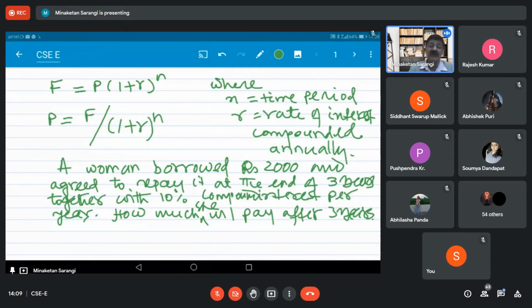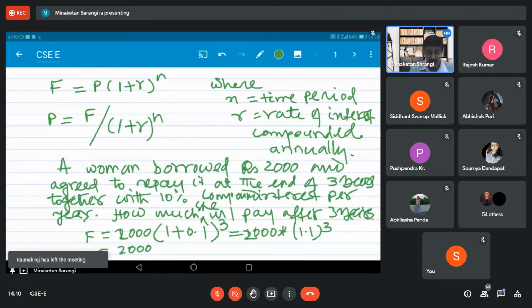The formula is already given. The future value will be 2000 into 1 plus R, where R is 0.1, to the power n, where n is 3. That is equal to 2000 multiplied by 1.1 to the power 3. That is 2000 multiplied by what is the value of 1.1 to the power 3? Please tell.